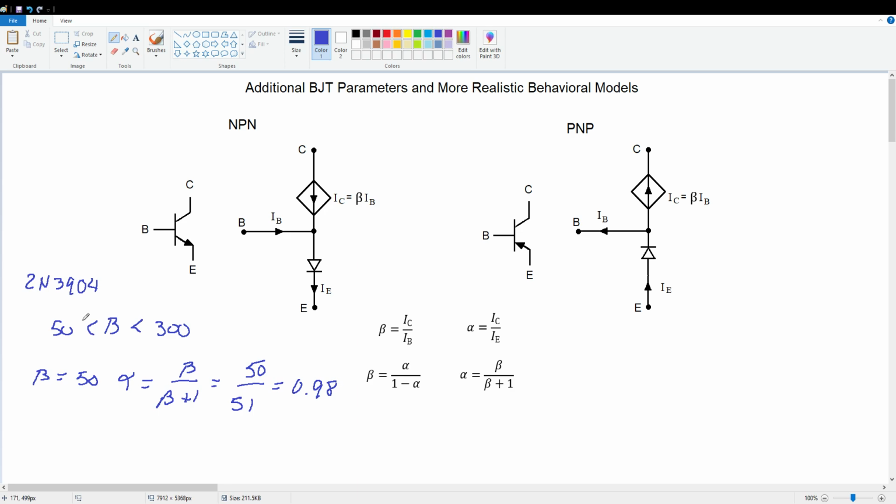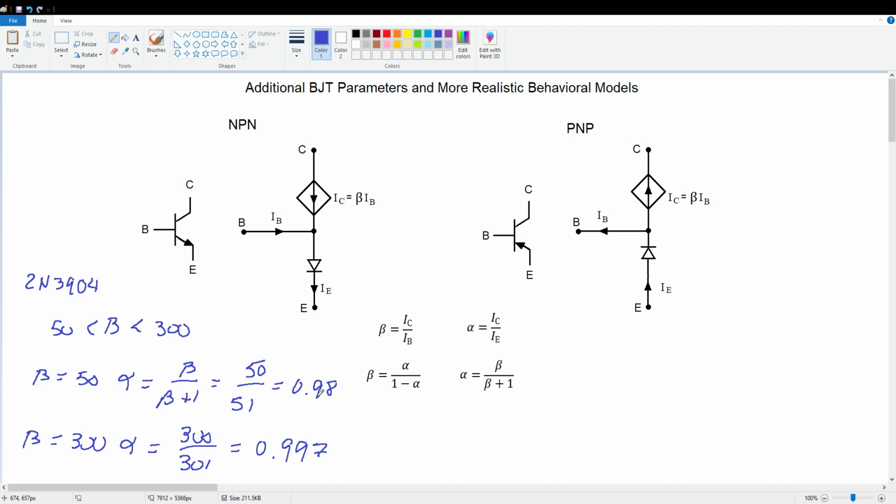Now if we grab another random 2N3904 and it happens to have a beta of 300, the corresponding alpha is beta over beta plus 1, 300 divided by 301, and that gives us an alpha of about 0.997. All right, not too much difference.